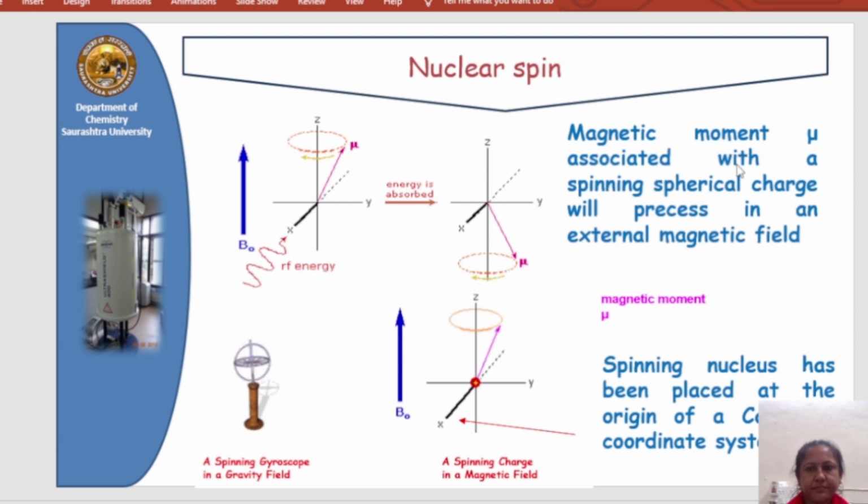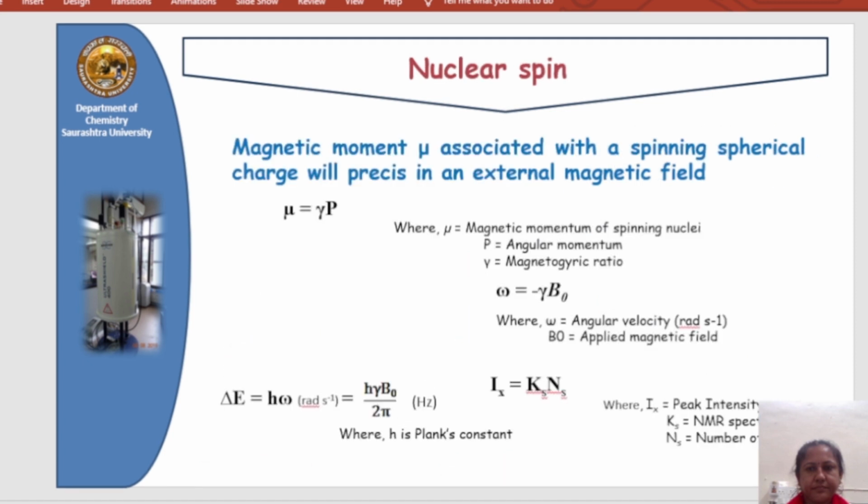Now the magnetic moment mu associated with a spinning spherical charge will precess in the presence of an external magnetic field, and the spinning nucleus has been placed at the origin of the Cartesian coordinate system x, y, z. So you can see here how it takes place, and what happens when we put it under the external magnetic field and after application of the radio frequency waves.